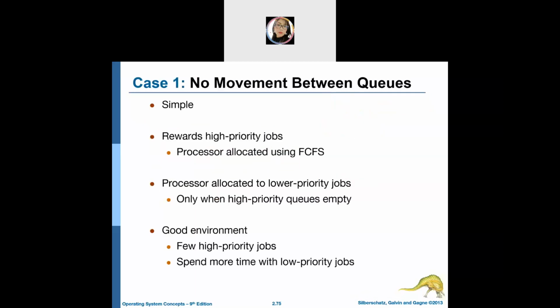Let's see the first case, which is the simplest one, which is no movement between queues. So it is a simple method. Wait for the high priority job, because it's going to be the first priority. After it finishes, then you can move to another. So the processor allocates using FCFS.